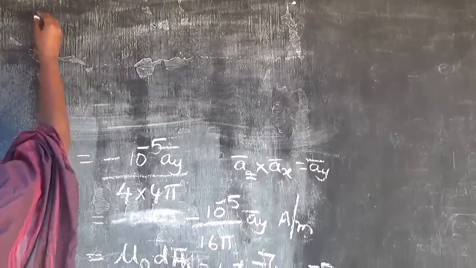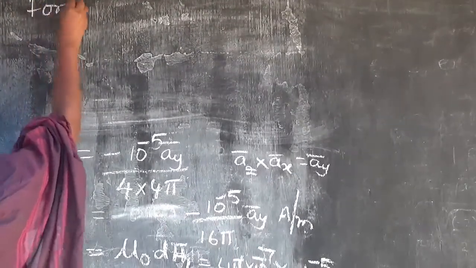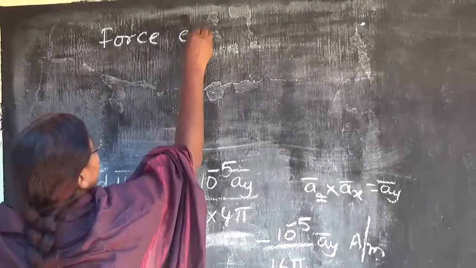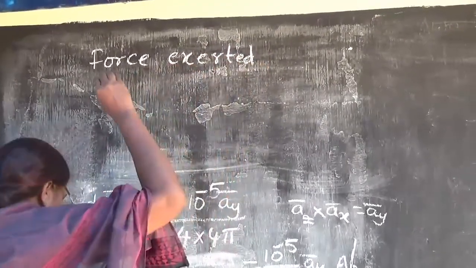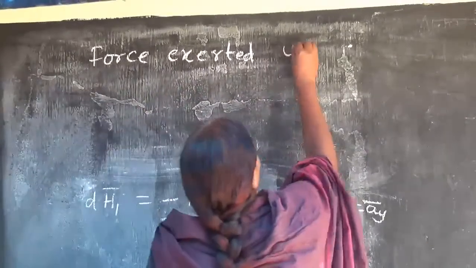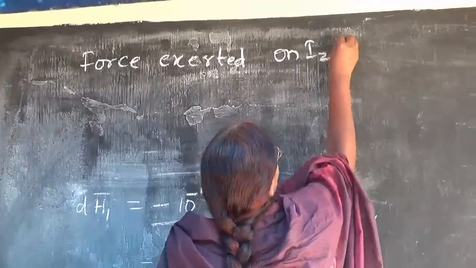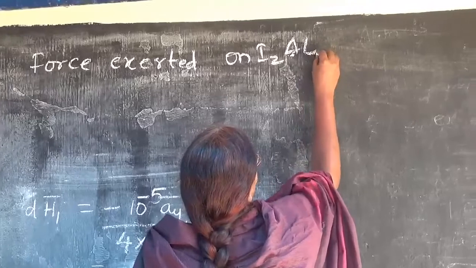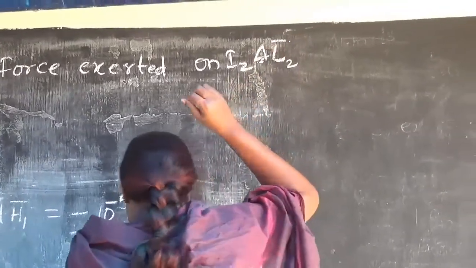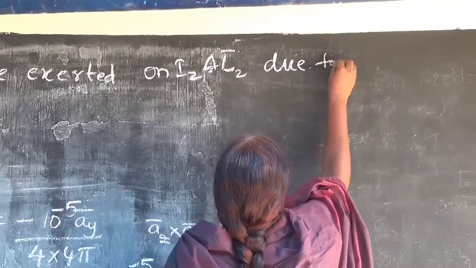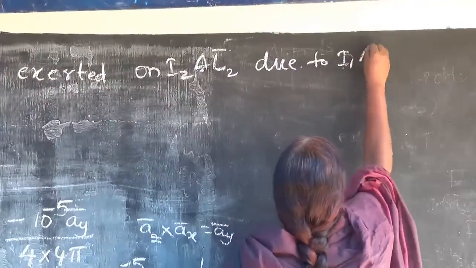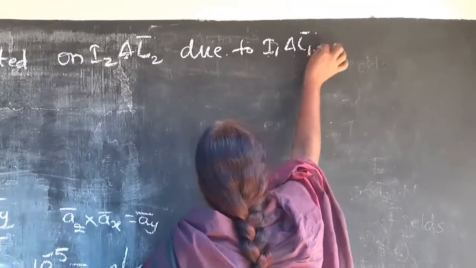So now the force exerted, order is very important, force exerted on I2 delta L2 bar due to I1 delta L1 bar. What does it mean?